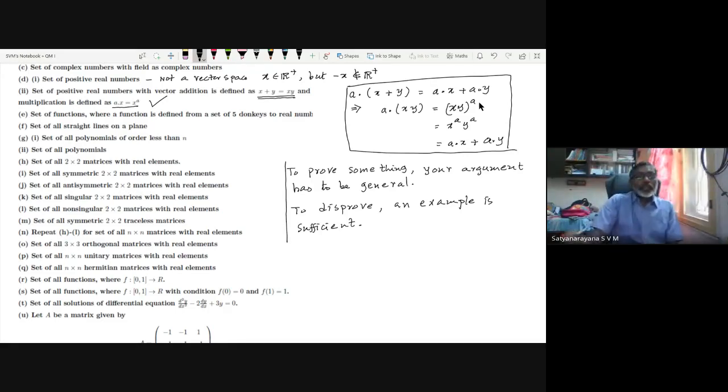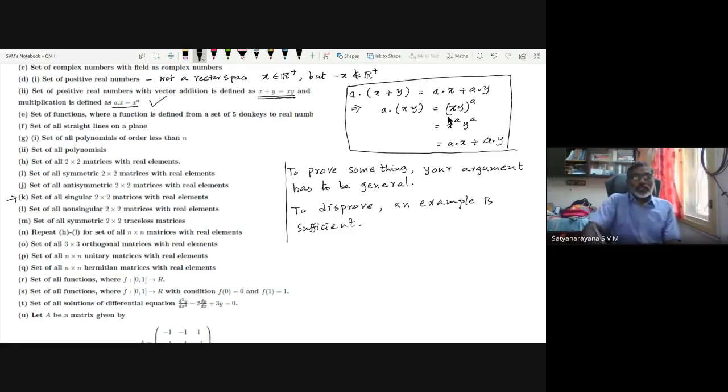For example, let's say I have a set K of all singular 2 by 2 matrices with real elements. Now I want to show that it is not a vector space.